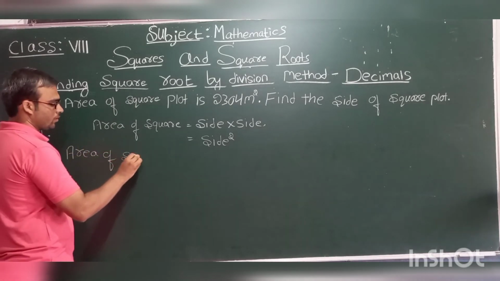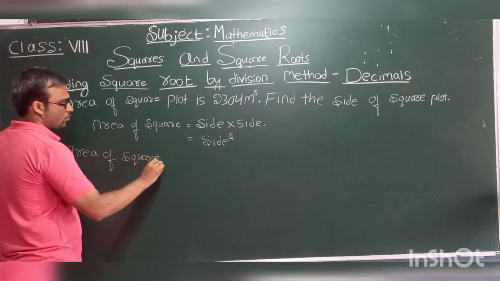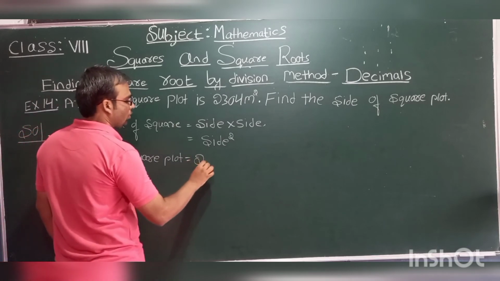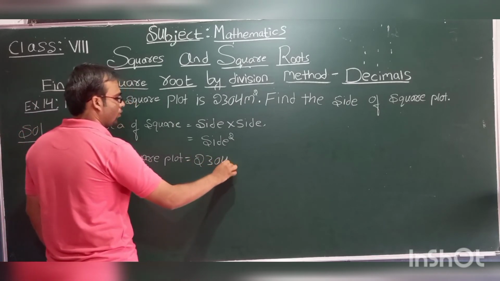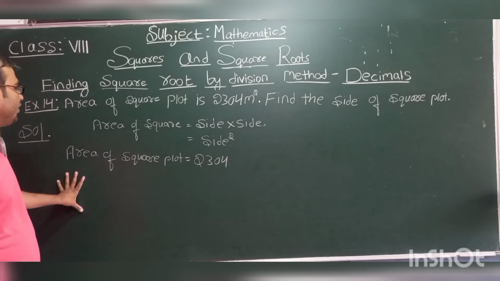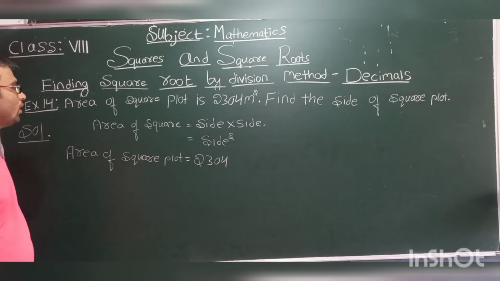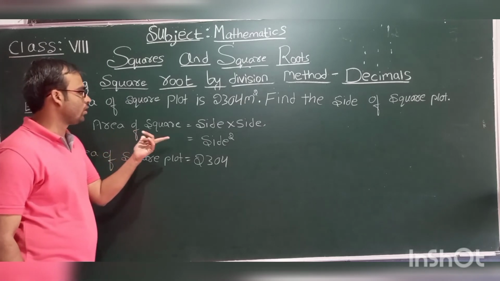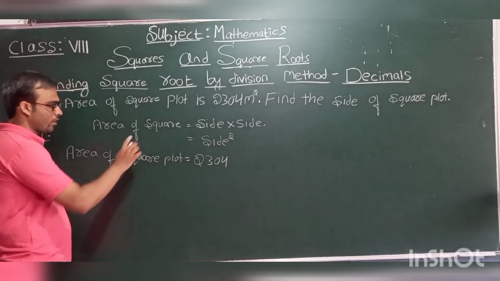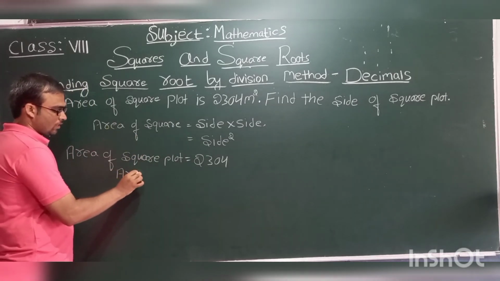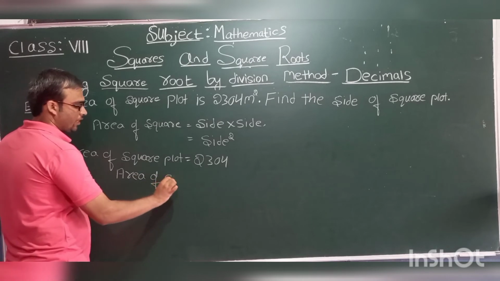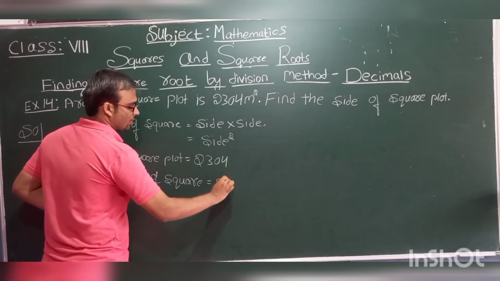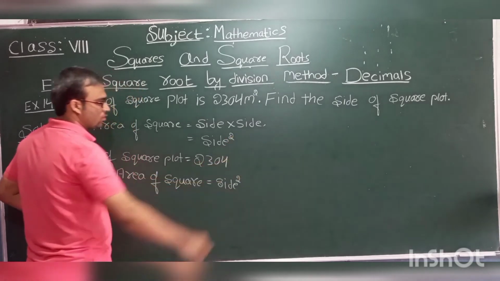Now what area have they given? The area of the square plot equals 2304. To find the side, take this formula: area of square is equal to side square. Write this formula once again. Area of square equals side square.